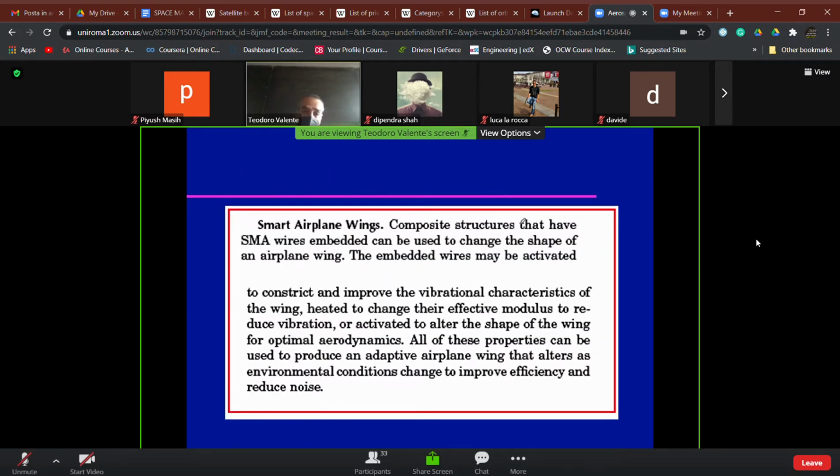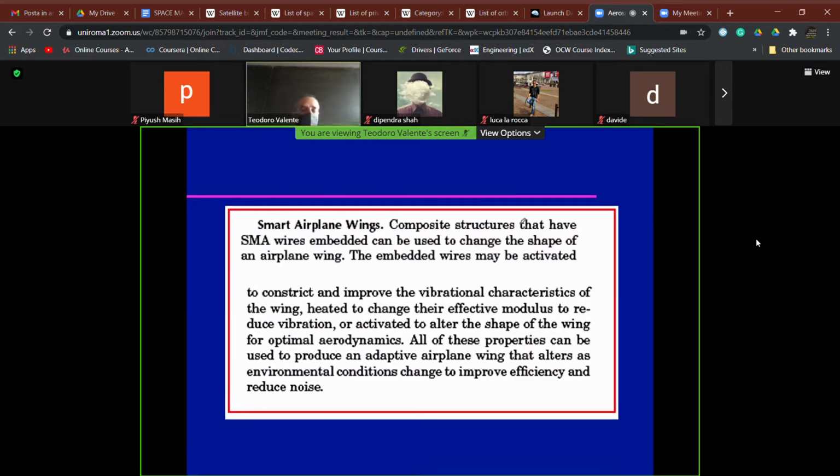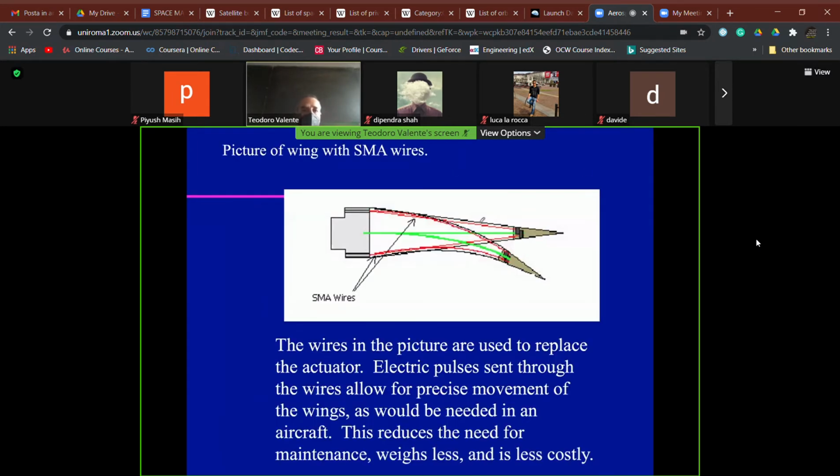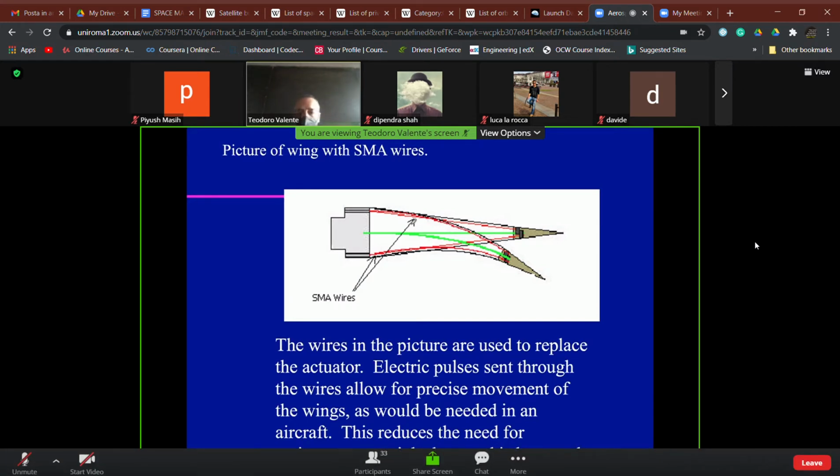As well, they can be used, not in a commercial way, for so-called smart airplane wings, that is modifying shape and size, or by using, for example, smart shape memory alloy wires, by giving temperature.